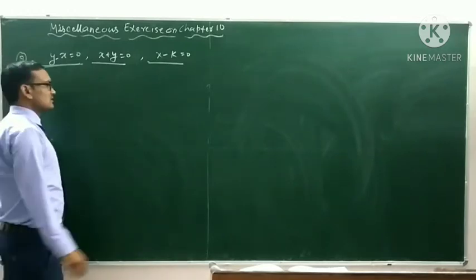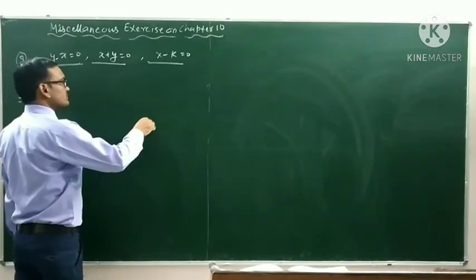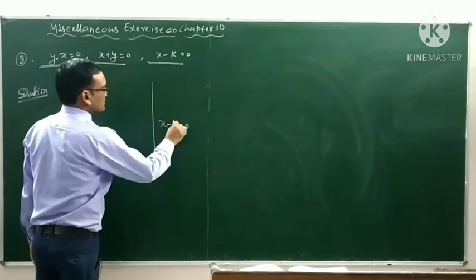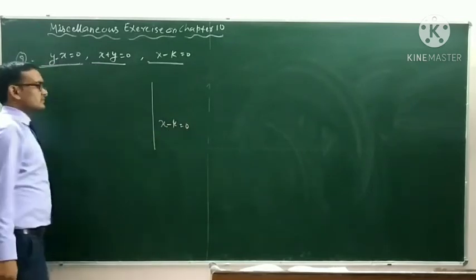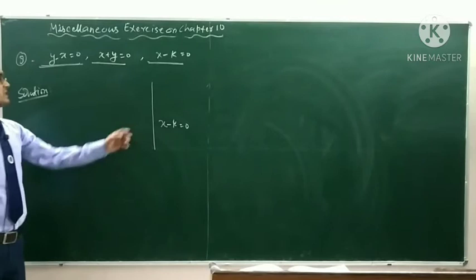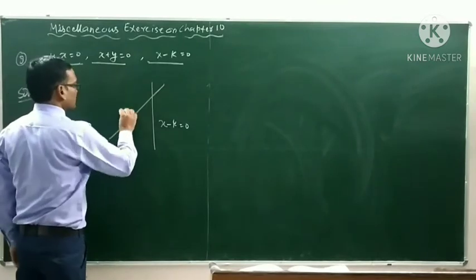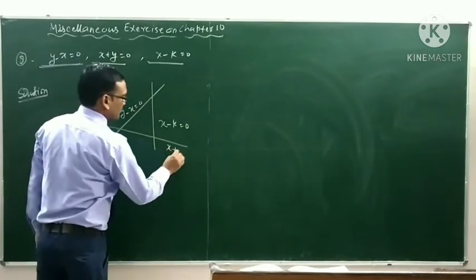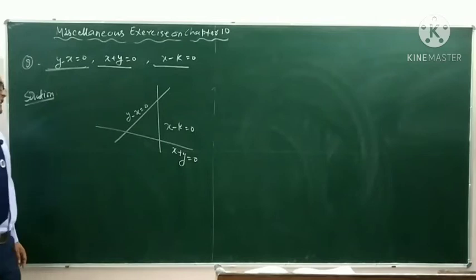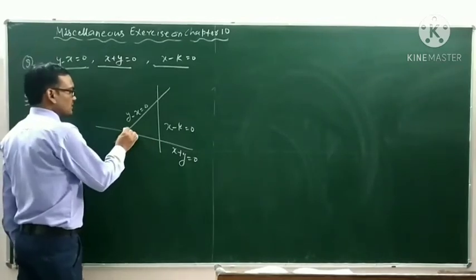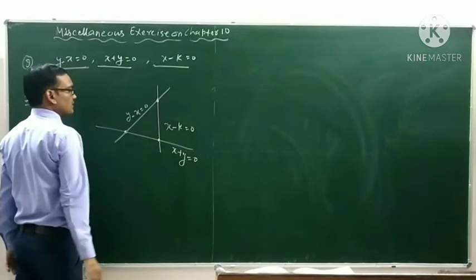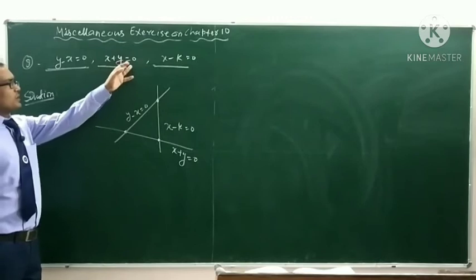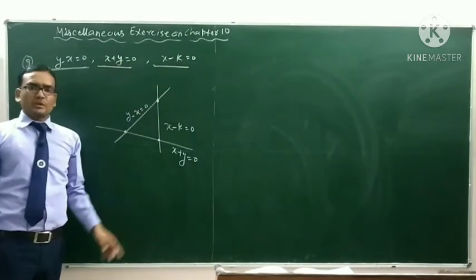Suppose that this line is x minus k equal to 0, this line is y minus x equal to 0 and this line is x plus y equal to 0. Three lines: y minus x equal to 0, x plus y equal to 0, x minus k equal to 0.